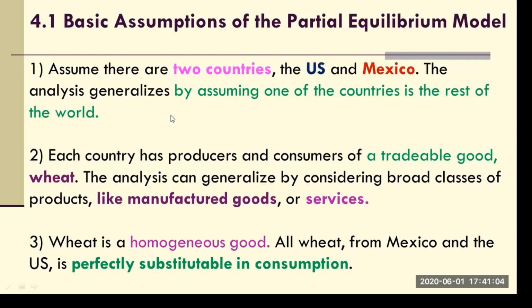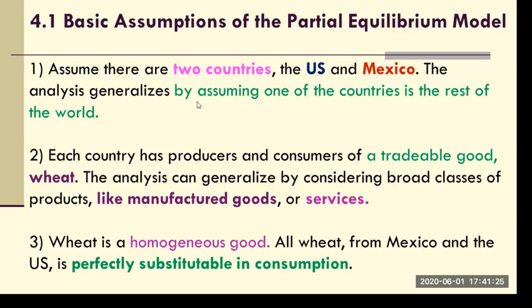The second point is that each country has producers and consumers of a tradable good, wheat. For the time being, we are going to choose wheat, because both countries can equally produce this tradable item.